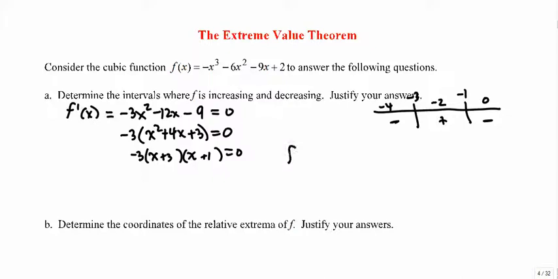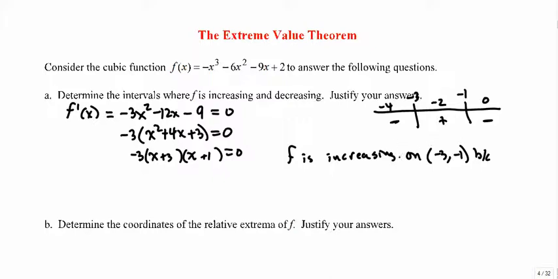So f is increasing on the interval -3 to -1 because, and then just like we've been doing for the last few weeks, we know the reason. I'm not going to write it just because I'm lazy, but you need to. It's your notes.